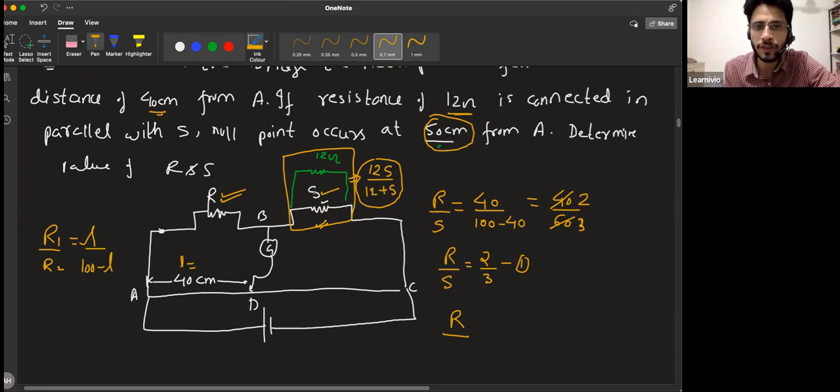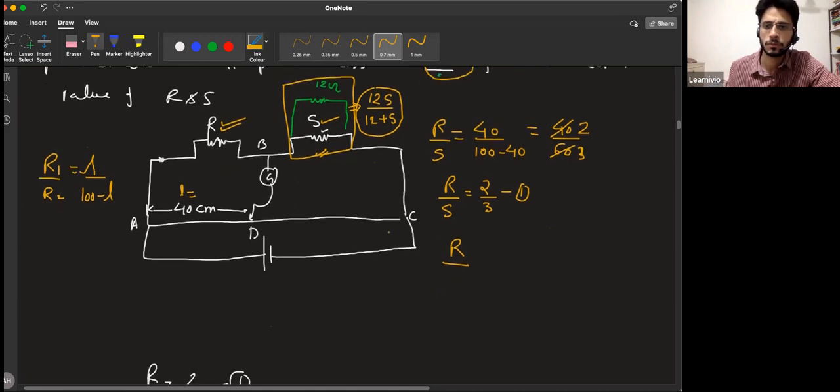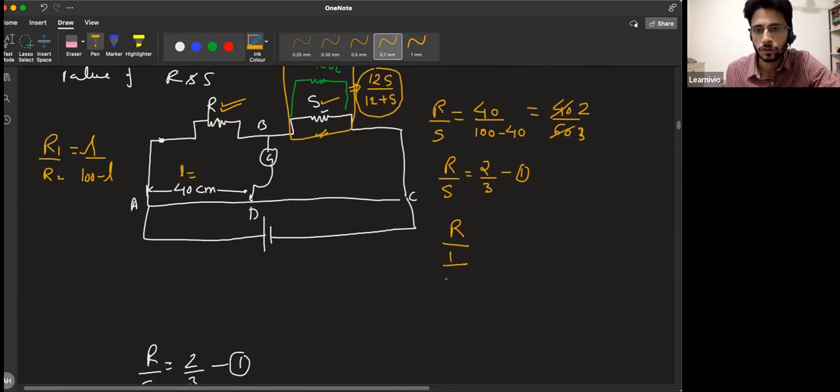In the right gap, you have the parallel combination of 12 and S. So what is the final result of this parallel combination? R2 is 12S upon 12 plus S.